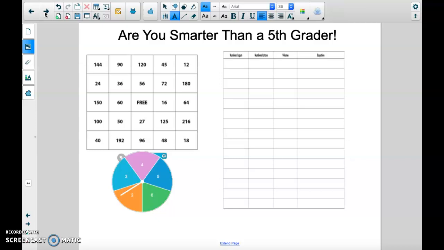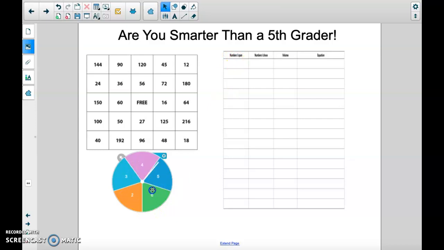All it is, you play with somebody else. If you look over here, here's the record sheet. It says numbers I spun, number I chose, volume, equation. So we're using that volume equation to help us with this board. You're going to spin the wheel twice.